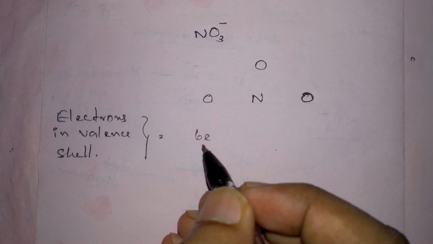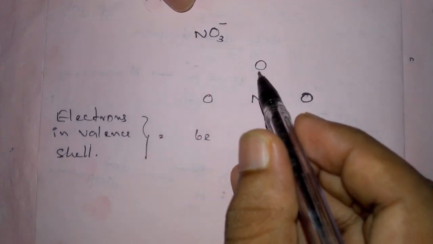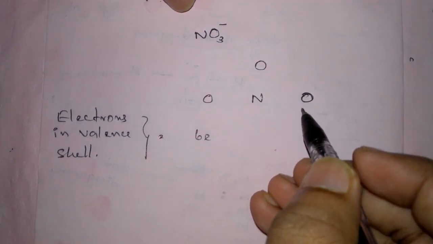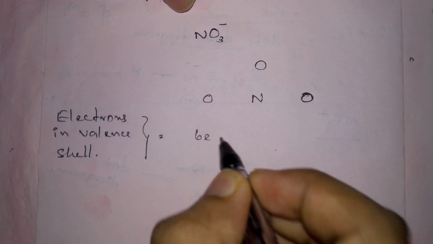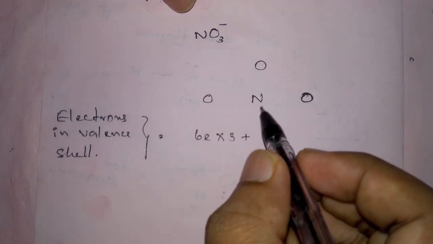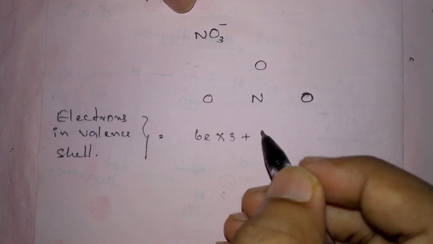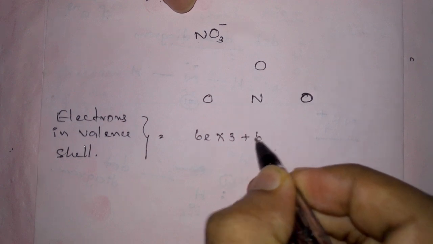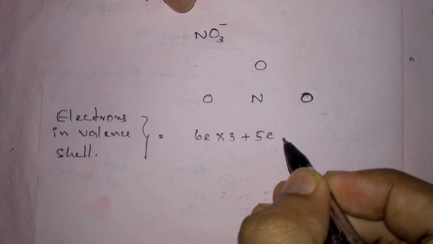Then there are 3 oxygen atoms, so we have to multiply this 6 electron by 3. And next one is nitrogen is in 15th group, so it has 5 electrons in the valence shell.